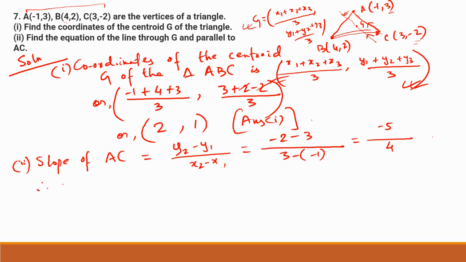Therefore, the slope of the required line is minus 5 by 4.